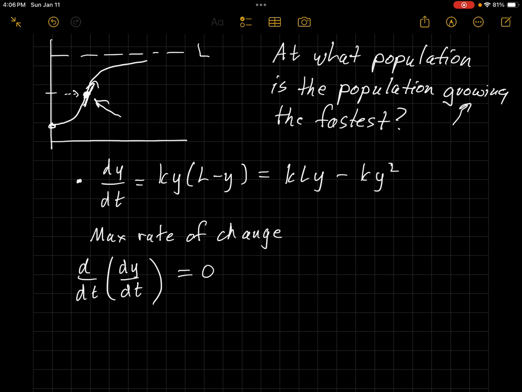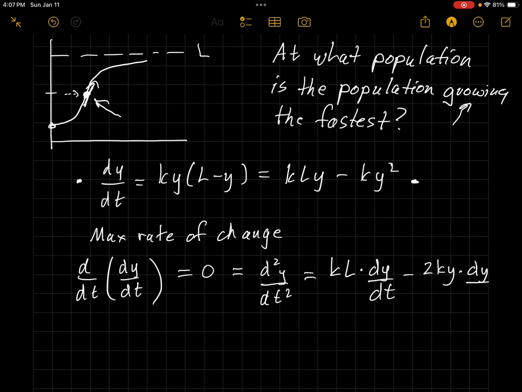So if I take the derivative of both sides up here with respect to time, we get d squared y over dt squared equals kL times 1 times dy/dt, because my variables don't match, I need a chain rule, minus 2ky times the chain rule again.